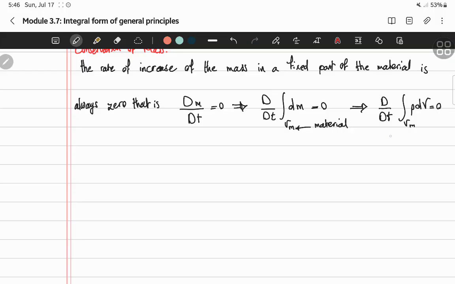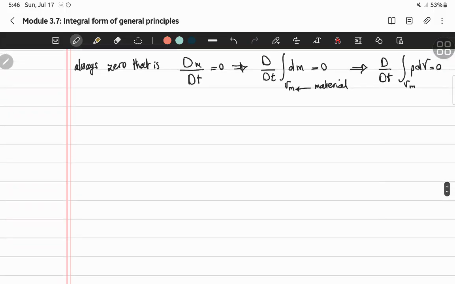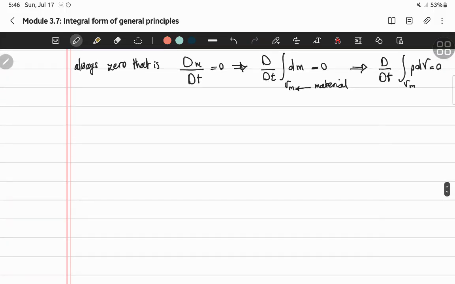So this is the global representation. Now we are going to move from here to the differential format.